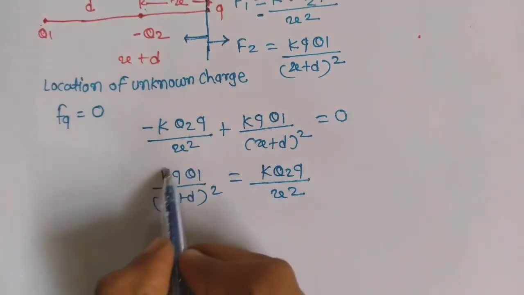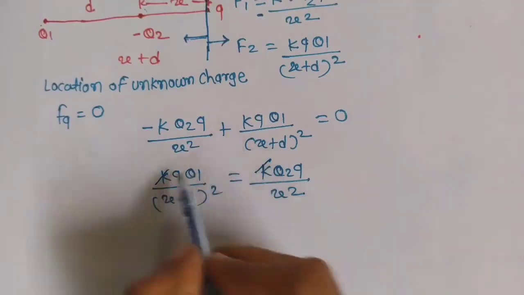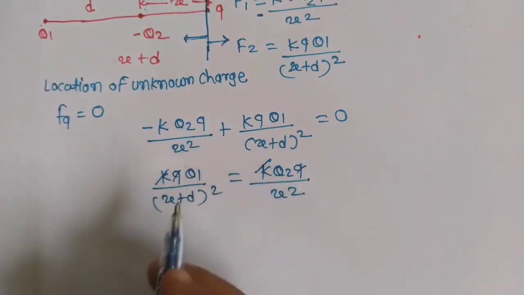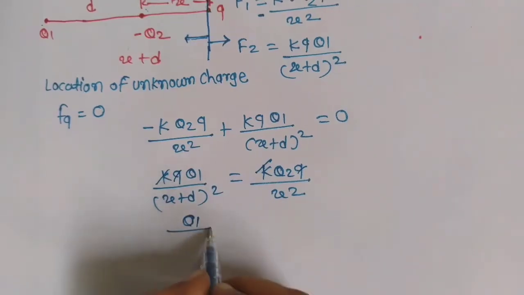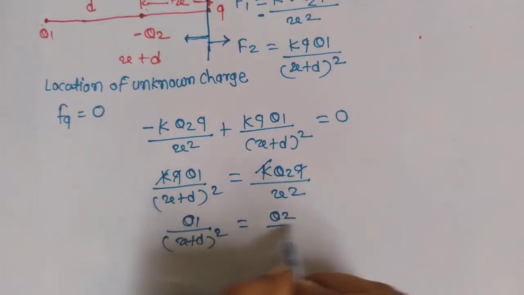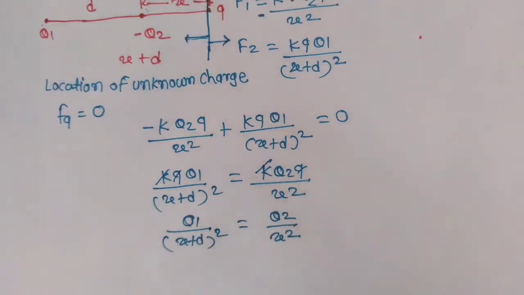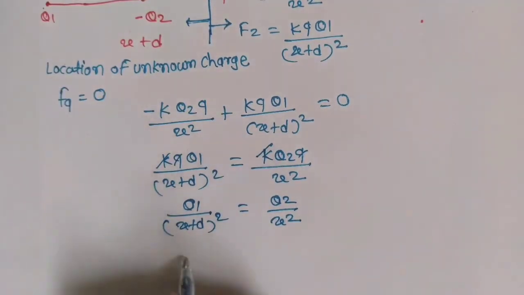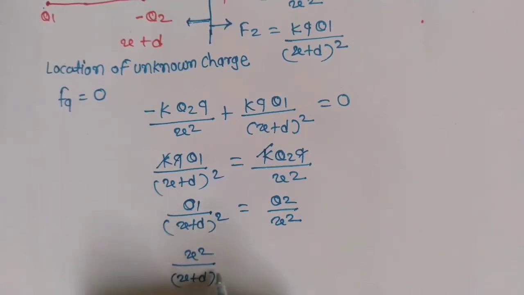So here k gets cancelled, this Q gets cancelled. What's remaining? Q1 upon (x plus d) square is equal to Q2 upon x square. So we interchange this. This becomes x square upon (x plus d) square is equal to Q2 upon Q1.